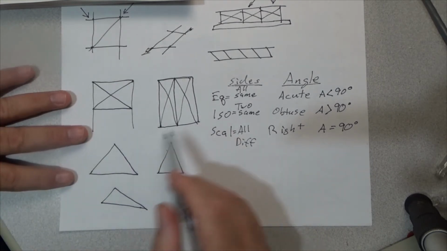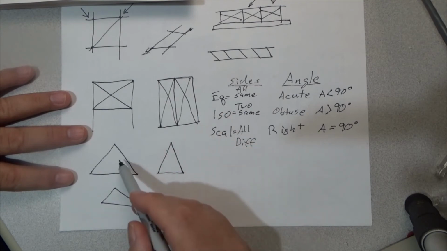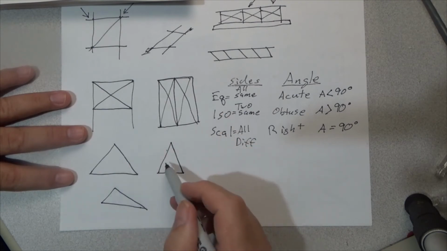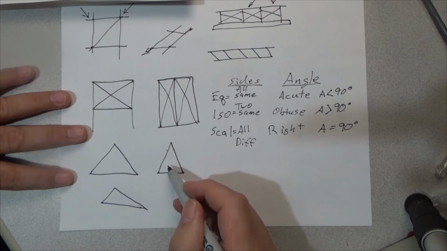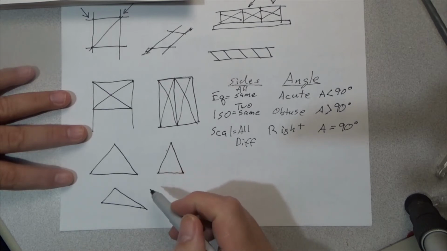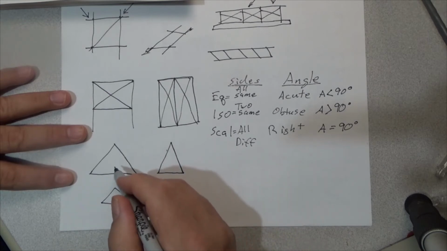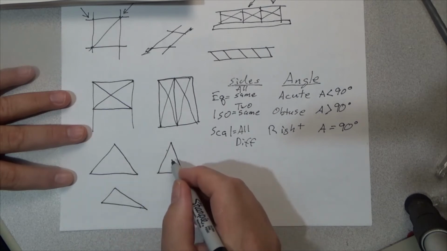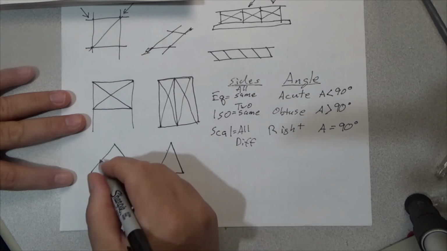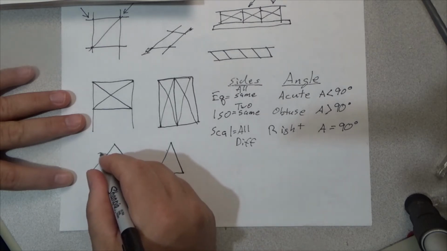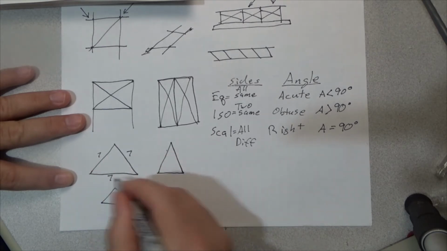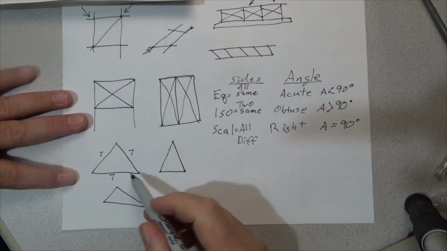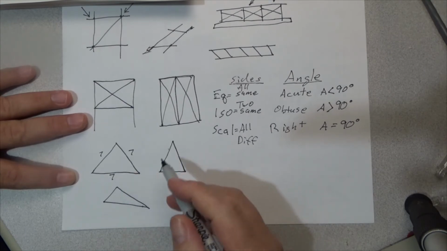Okay, now, just to make it clear here, an equilateral triangle is also an isosceles triangle because it meets the definition. An equilateral triangle, all of these sides are the same. For an isosceles triangle, at least 2 of them are the same. So let's say this was 7, 7, and 7. So 2 of the sides of this triangle are the same.